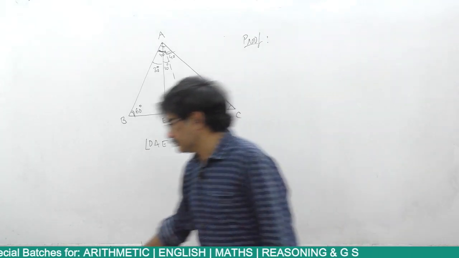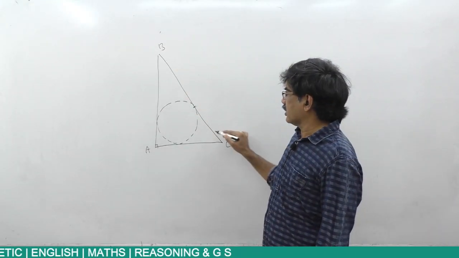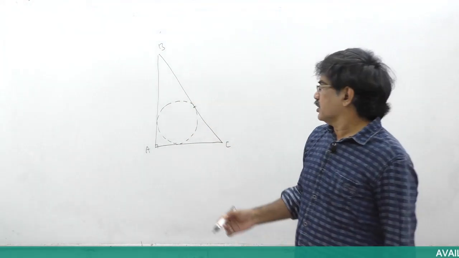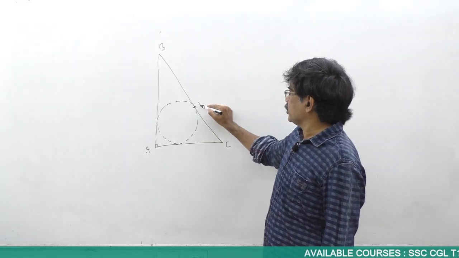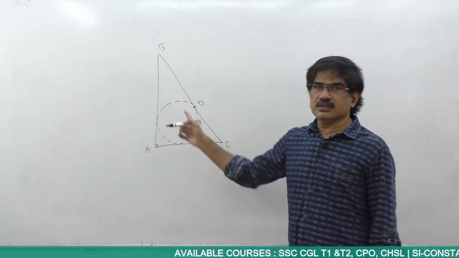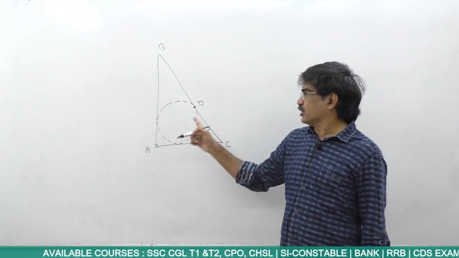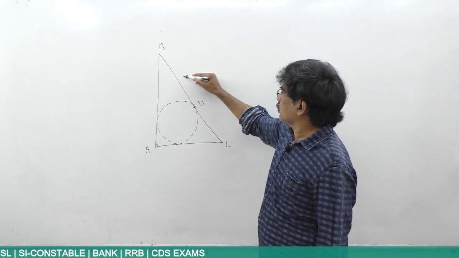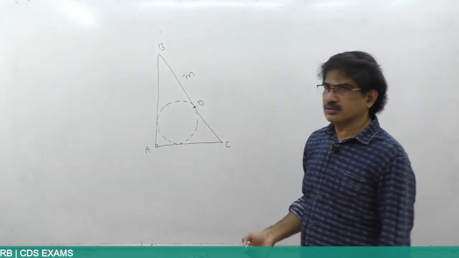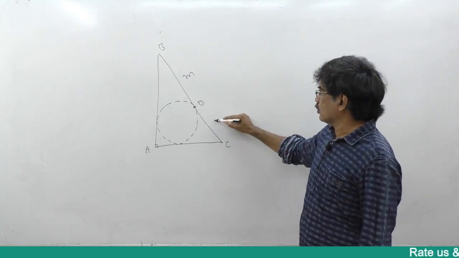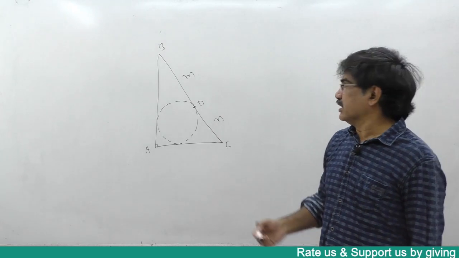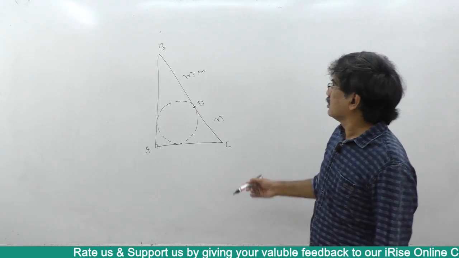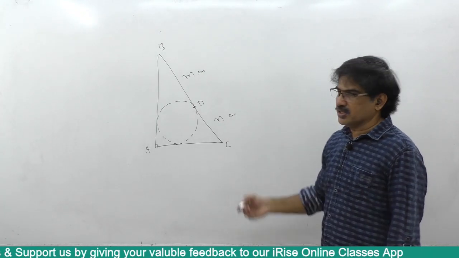Next point. If this is a right angle triangle, an incircle is drawn which touches the hypotenuse at D such that BD is equal to M parts, DC is equal to N parts. That means BD is equal to M centimeters, DC is equal to N centimeters.